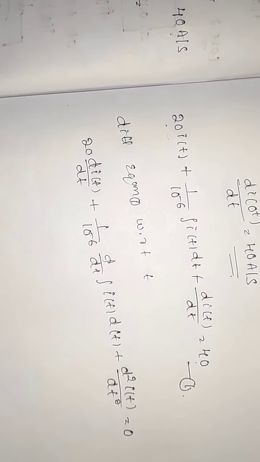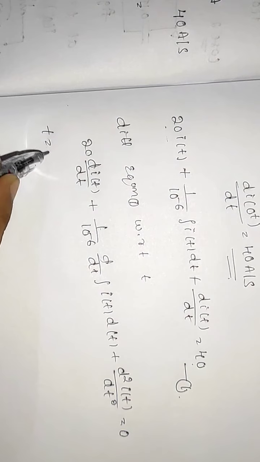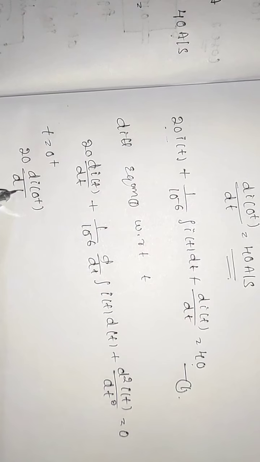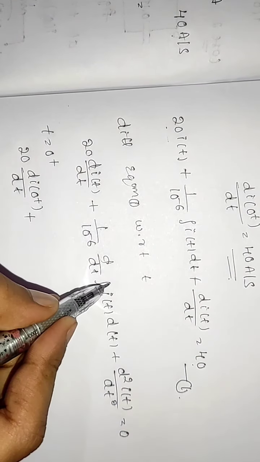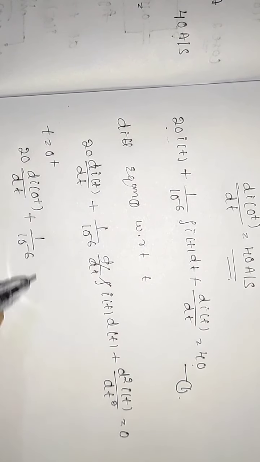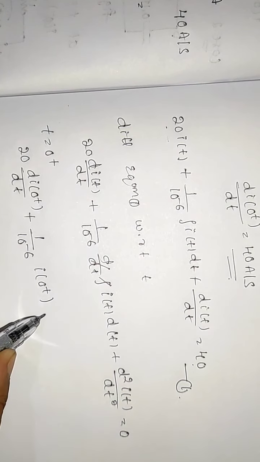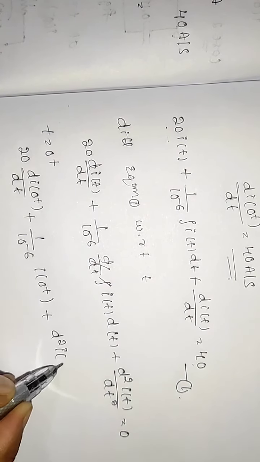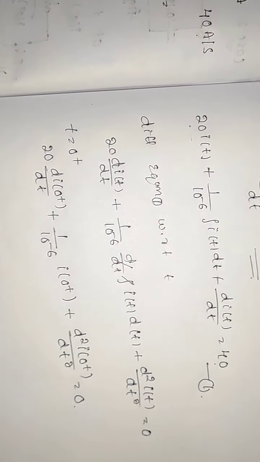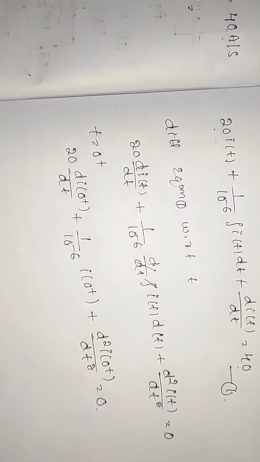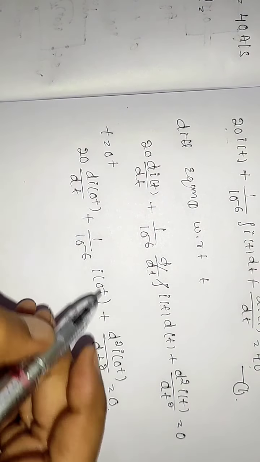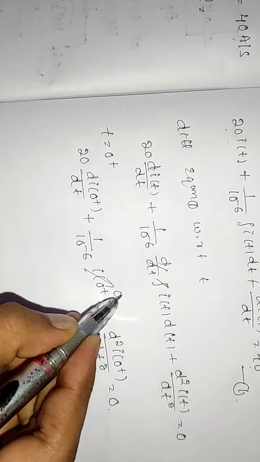Now at t equals 0 plus, it becomes 20 into d I of 0 plus divided by dt plus, here the differentiating term and integrating term cancel each other, so 1 divided by 10 power minus 6 into I of 0 plus, plus d square I of 0 plus divided by dt square equals 0. Next, I of 0 plus value is 0, right?